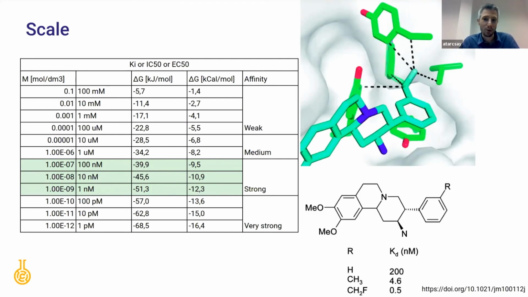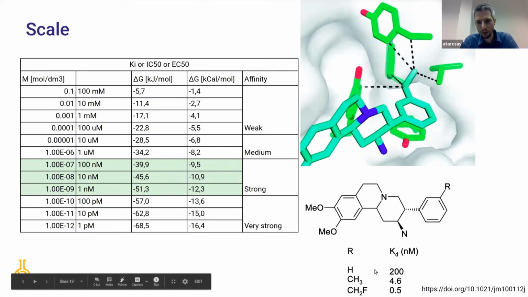And in this example, I show you the intricate nature of this binding process. You see here this ligand with 2 methoxy groups, this 3-cycle, and here a phenyl ring. On this phenyl ring, if the R is hydrogen, then the binding affinity, the Kd, is 200 nanomolar, which is somewhere here at about 9 kcal per mole.